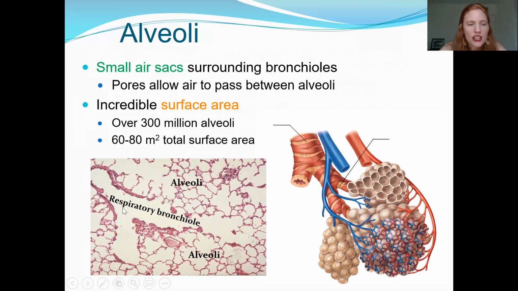Okay, so what we're looking at in this picture here is the respiratory bronchiole. That is the very last of the bronchial endings. You can see the ribbons of smooth muscle all around them. And everything else in this picture here, those are all alveoli.